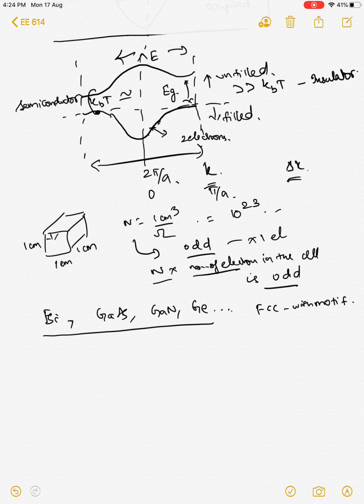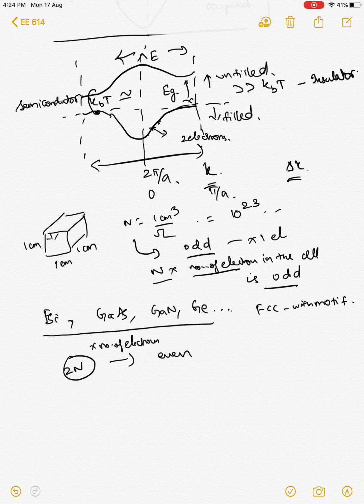In the sense, this N is actually 2N, because you have 2 unit cells which are interpenetrating. And this 2N directly makes this number even. Even if the number of electrons is an odd number, this combination always makes it even. So most of these combinations have the valence band completely filled.